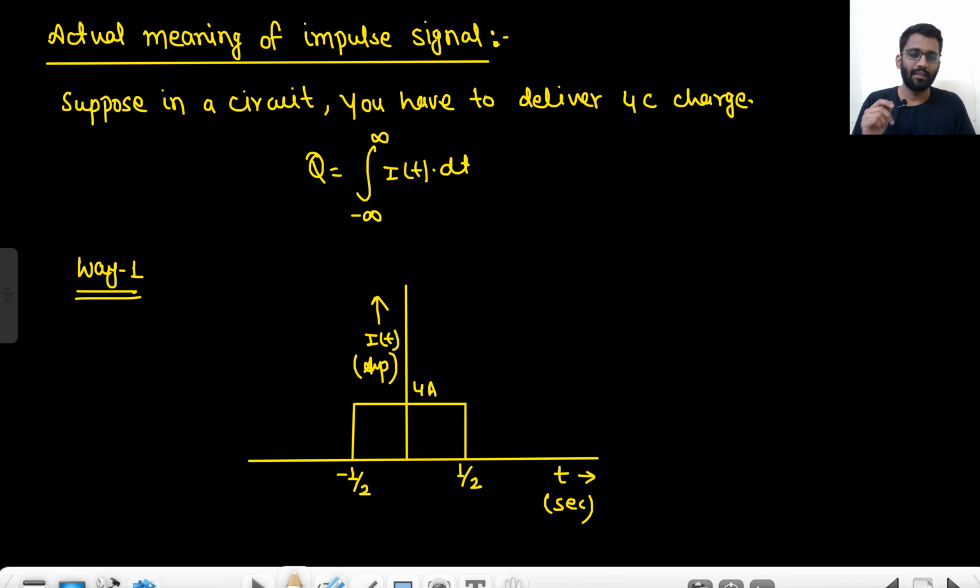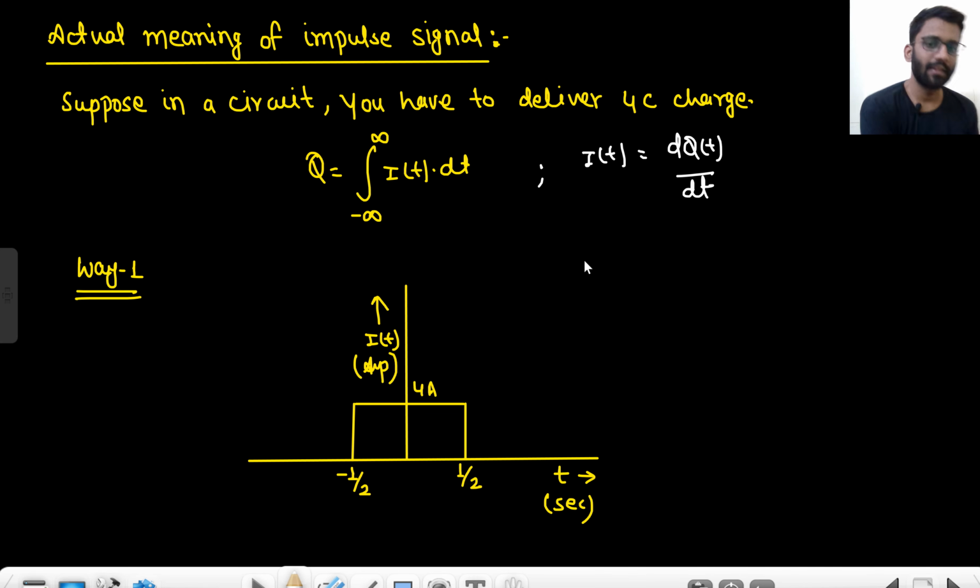Let's see the actual meaning of the impulse signal. Let's assume there is a circuit and you have to deliver 4 coulomb charge in it. You know that i is dq by dt, so your q is the integration of i dt from minus infinity to infinity.